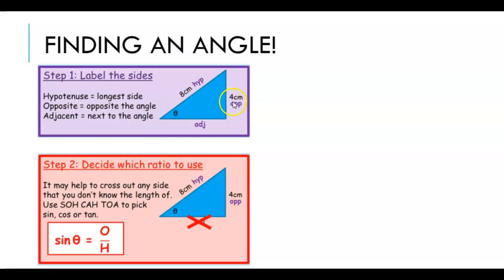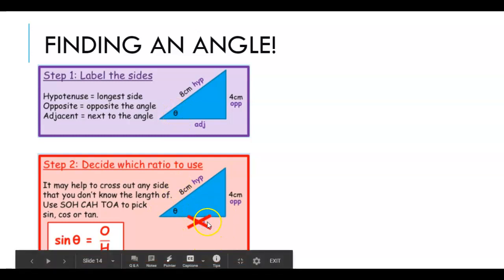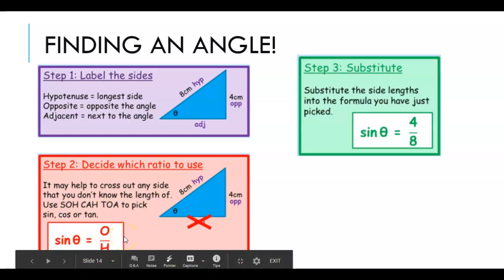We have opposite 4 centimeters, and we are required to solve this angle theta here. Okay, we have no information for adjacent, therefore we're left with opposite and hypotenuse. Then the proper ratio will be sine. Okay, which one of these three has the hypotenuse and opposite? Sine. All right.